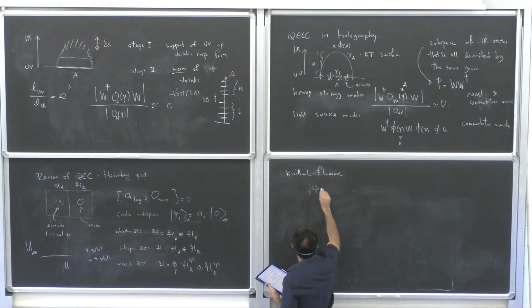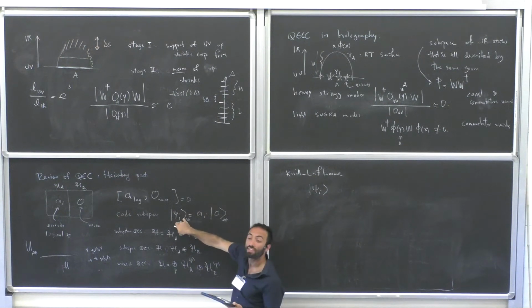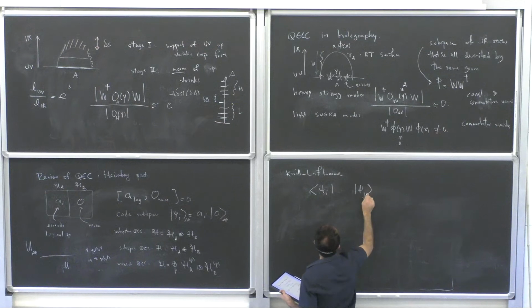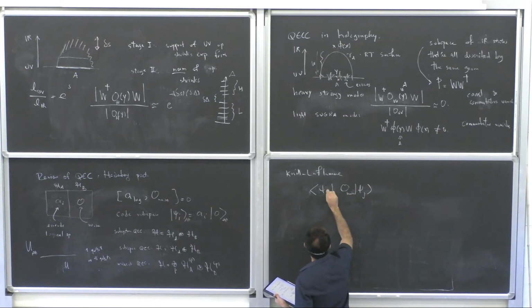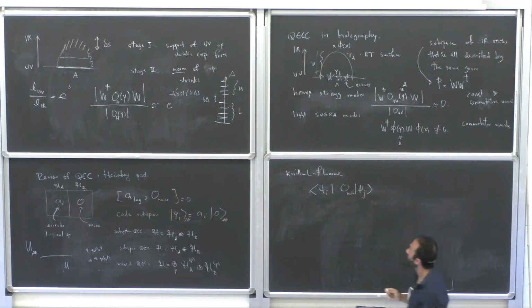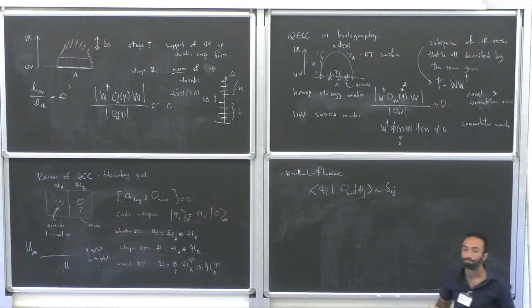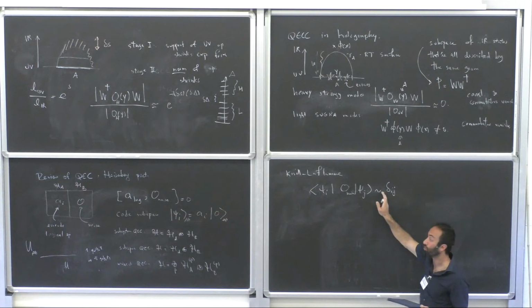These are code states. Take two of them, psi_i and psi_j, and put some noise operator in between. Knill and Laflamme tell you that you have an error correction code if this is proportional to delta_ij. This is the error correction condition.